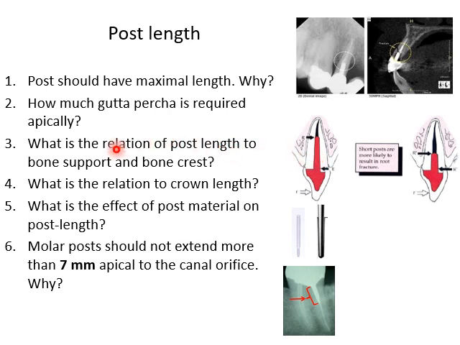ثالثا, what is the relation of post length to the bone support and the crest of the alveolar bone? The post should be at least about one half the length of the root, which is supported with bone, and about 4 millimeter apical to the crest of the alveolar bone.